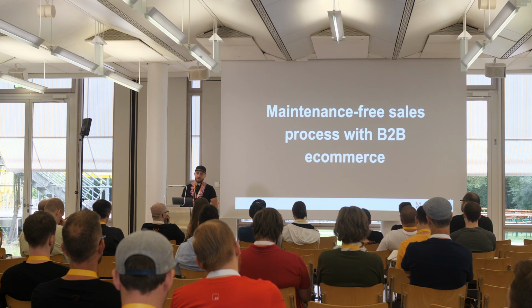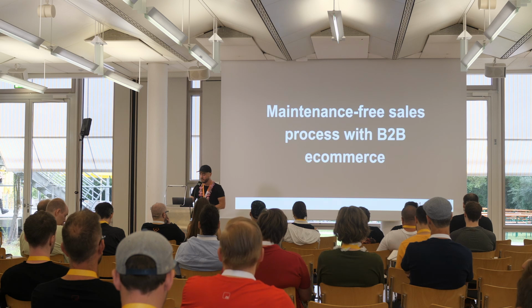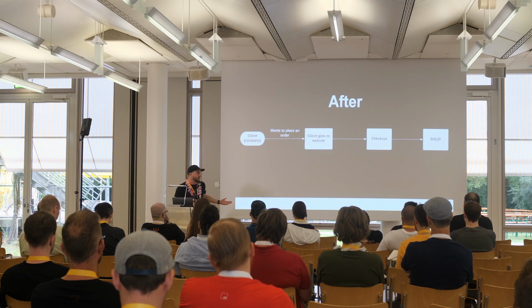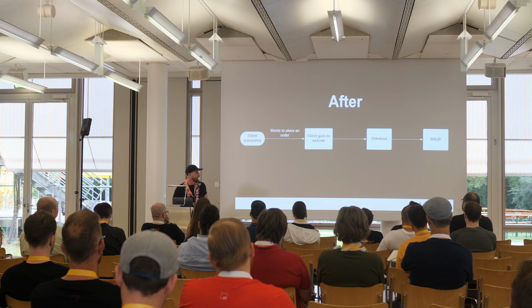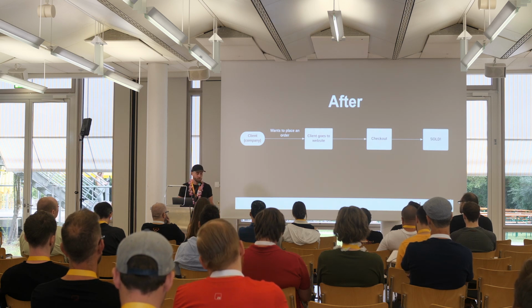But it doesn't mean that you have to hire all of the sales reps. They still have to do the work, but in a different way. It's much easier if you have a client who can go to the website, go to the checkout, and boom, the sale is done.